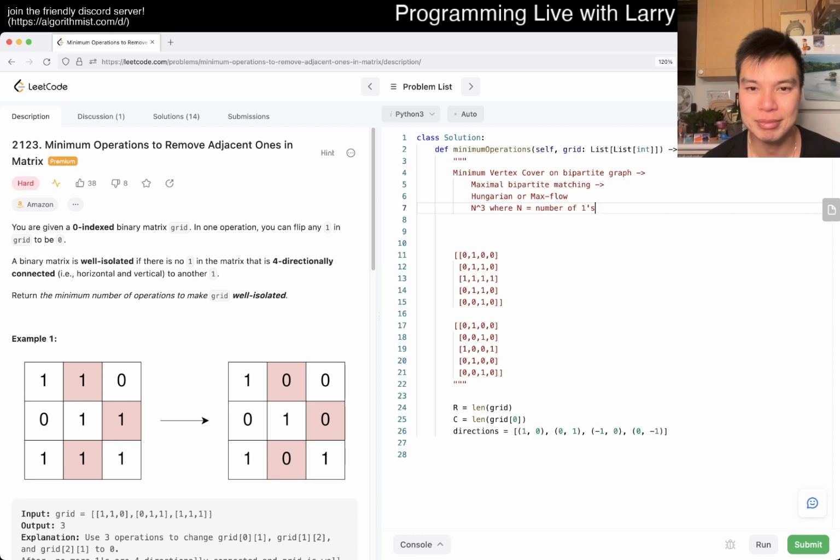And just to be clear, max flow is a topic that, generally speaking, network flows in general is a graduate level course in a lot of CS curricula. Maybe it's a senior level course if you're really advanced.